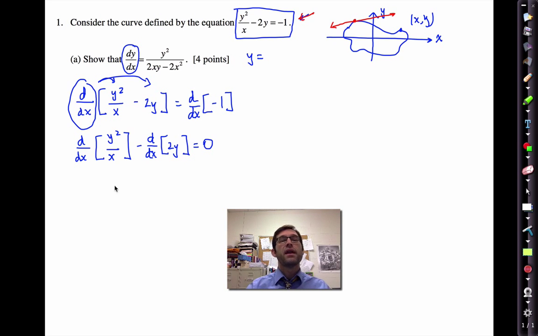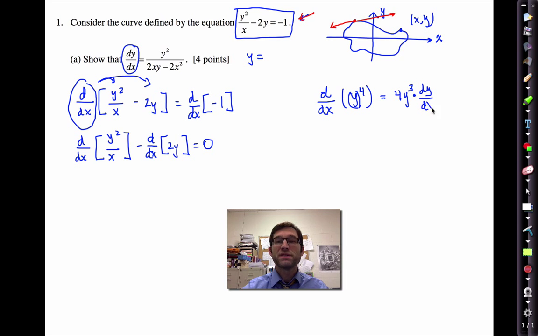Now, here comes the problem with implicit derivatives, and I know some people are still confused about this. The idea here is, yet again, y is a function of x. So if we have something like the derivative of y to the fourth with respect to x, we have to look at that as the chain rule. We forget about the y and say that the derivative of something to the fourth is 4 times that thing to the third. But then we have to go on and multiply by the derivative of what's inside.